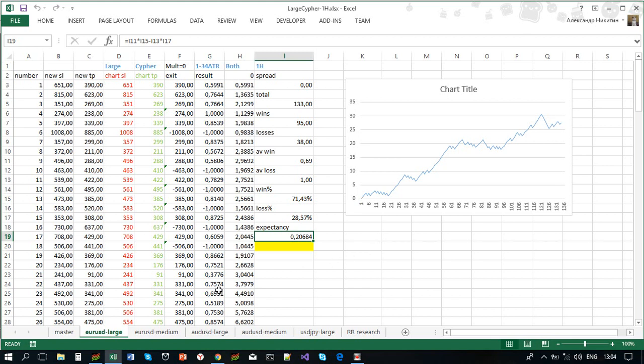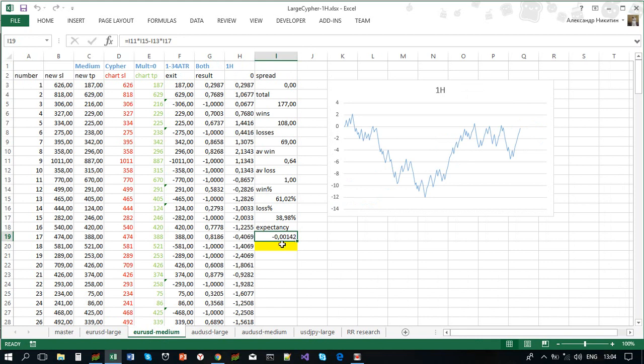Okay, but if we switch to medium, the same cipher pattern but medium size, you see the expectancy is negative. The win percentage stays 61, the average win is 0.64, and it is not even moving sideways, it is below zero.